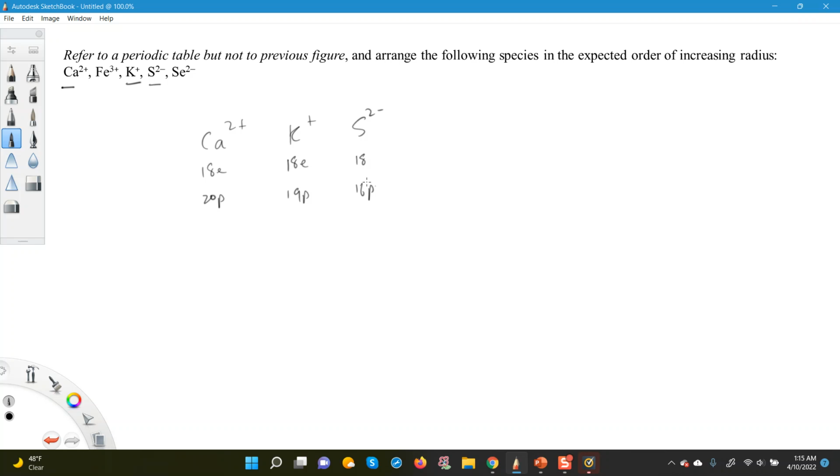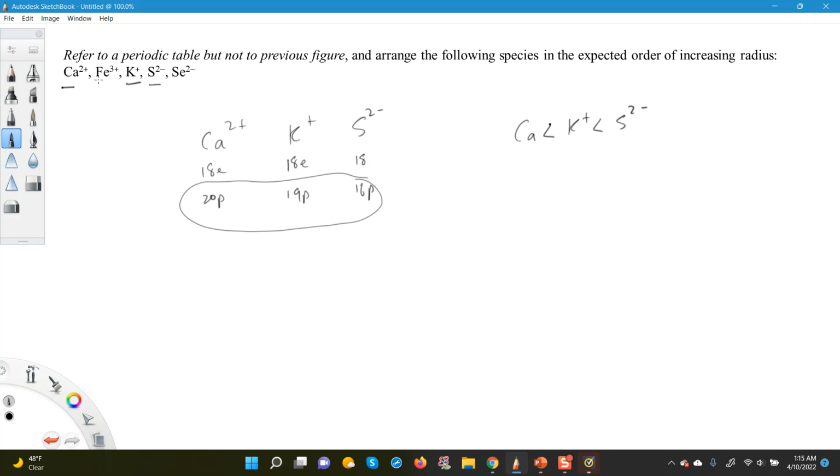So basically, we can look at the nuclear charges to make arrangements in terms of the order of size. So it's going to be that calcium will be smaller in size, I'm sorry, compared to potassium, which would be smaller compared to the sulfide. So at least for those three ions, we can determine the order in terms of the size.